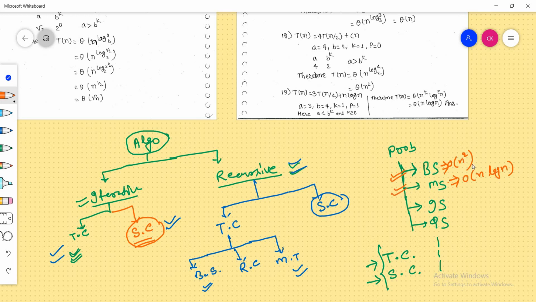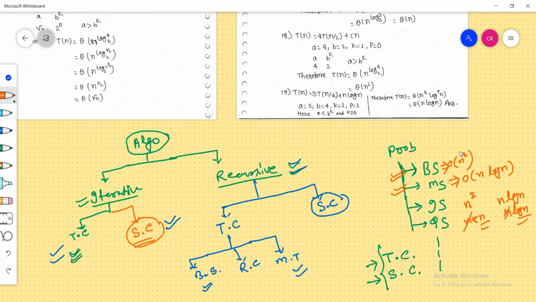We will also explain the comparison of which is bigger, n square or n log n, but for now you can simply assume that bubble sort is taking n square and merge sort is taking n log n. Obviously you can write n square as n into n, and the other is n log n. If you cancel the common term, this will be n and this is log n.